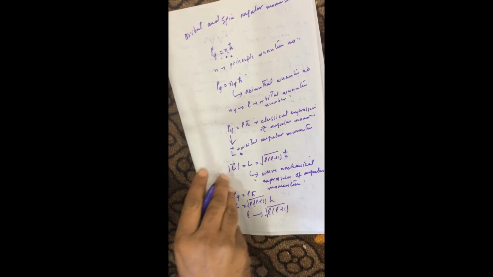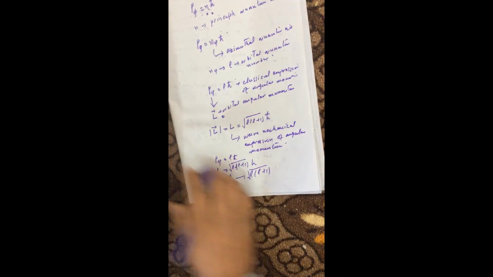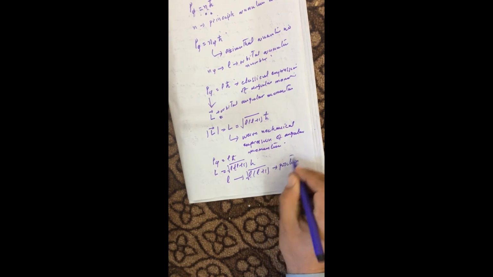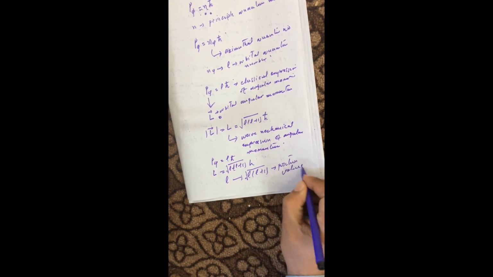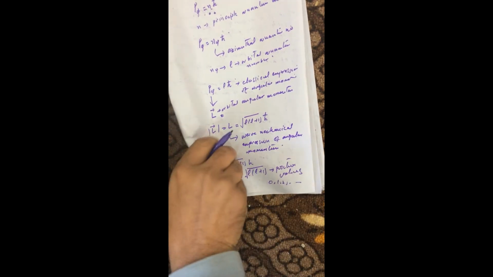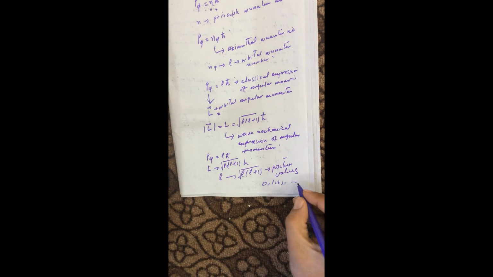Now this L into L plus 1 has positive values, starting from 0, 1, 2 and so on, up to n minus 1.